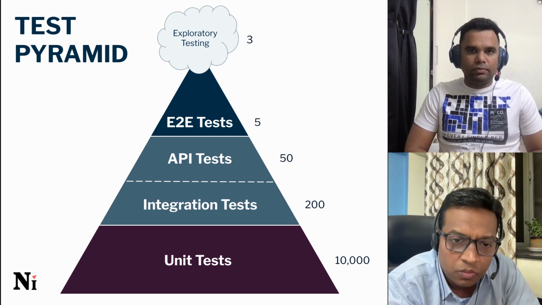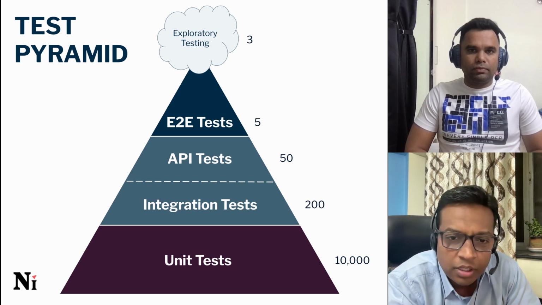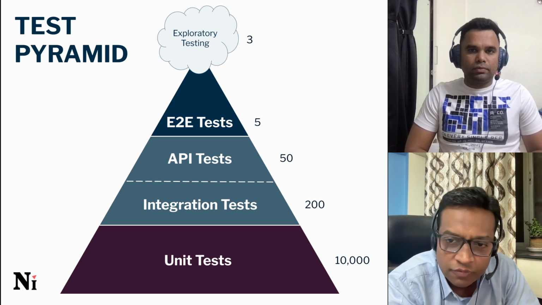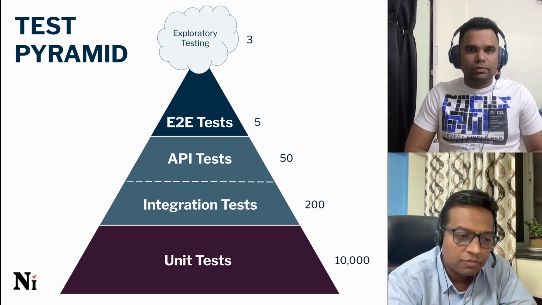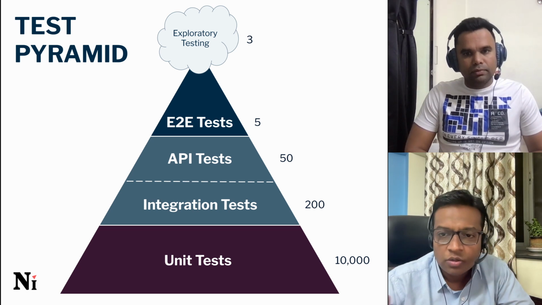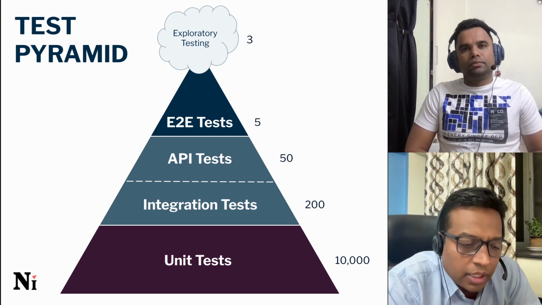And once you have these tests written, they run extremely fast. A single unit test will run within microseconds, and hundreds of unit tests will run within milliseconds, and that is really powerful. So even when you have 10,000 of these unit tests, you will still be able to run all of them within a few seconds.